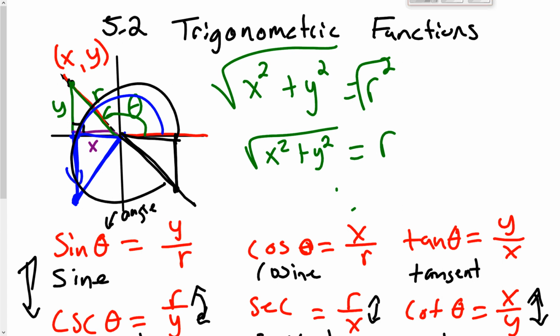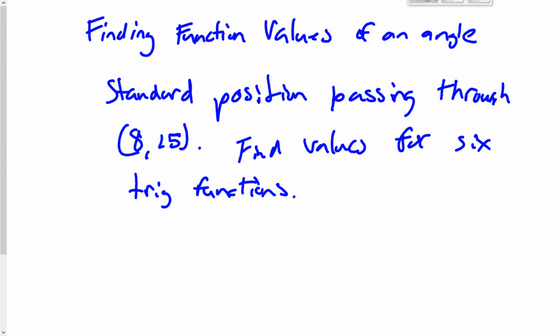So sine, cosecant, cosine, secant, tangent, cotangent: those are reciprocals of one another. So let's go ahead and look at some examples and see how we can do this. If we're finding trig functions of an angle in standard position passing through the point (8, 15), find the six trig functions.